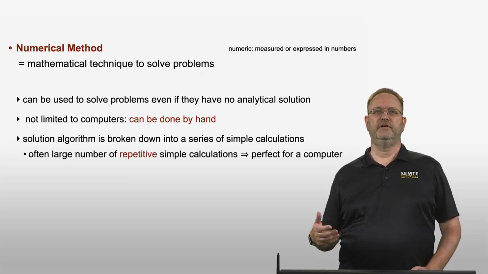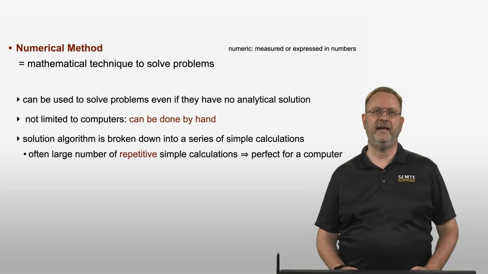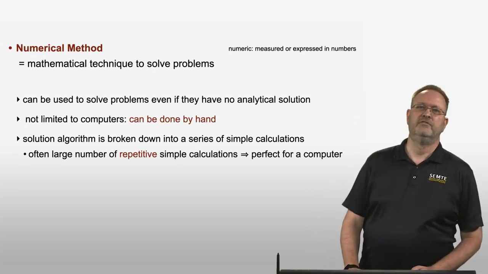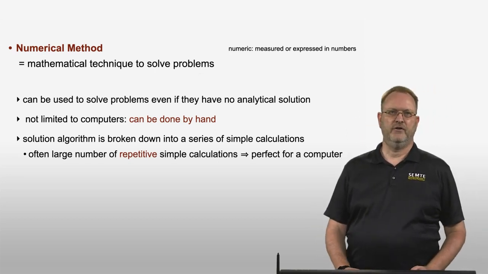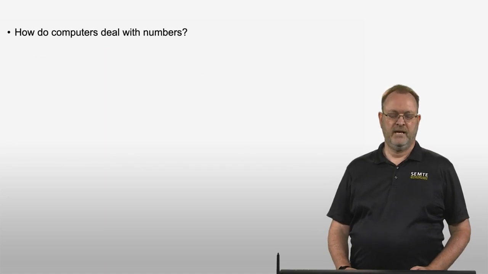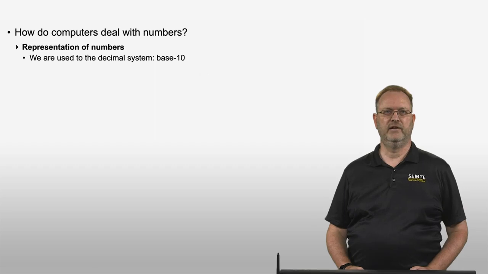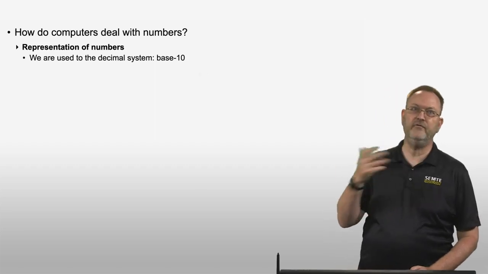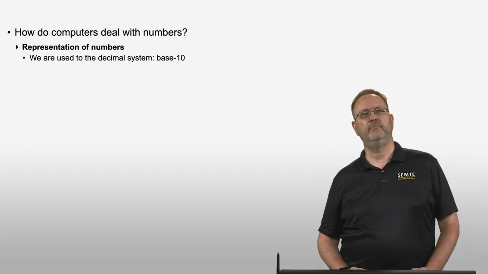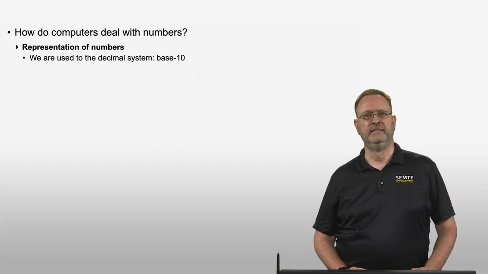And these are often large and very repetitive simple calculations. So something that's perfectly done on a computer. And if they're done on a computer, we first have to talk about how do computers deal with numbers. And that involves how are numbers on a computer represented.